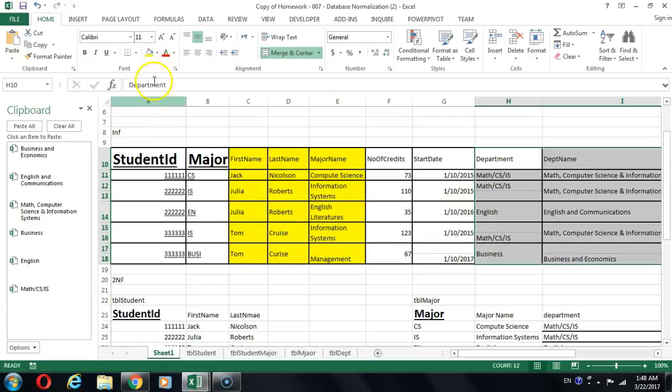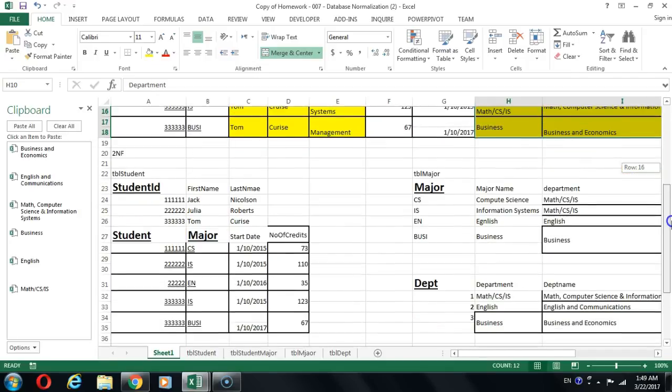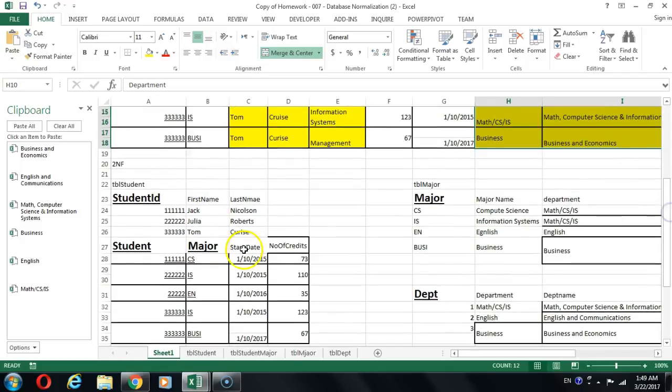So it makes it easier for you to realize what I'm left with: the student's ID and major, the number of credits completely dependent on that student's ID and the major together, and the start date also completely dependent on the entire primary key, which is the student's ID and the major. That's going to be a third table by itself, which, as you notice here, I copied and pasted.